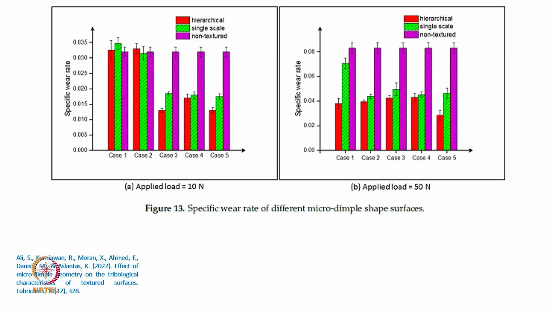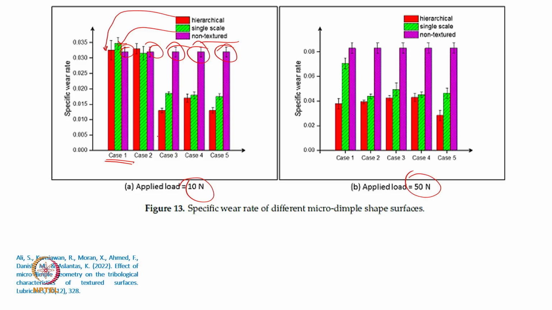Now, coming to the wear point of view, here it is shown for 10 Newton and 15 Newton. You can see here that in the case of the non-textured surface, it will naturally be constant and it has a high value. So, in case 1, the single scale texture is causing a higher wear rate, and even hierarchical is also causing a higher wear rate, right, the depth is not sufficient.